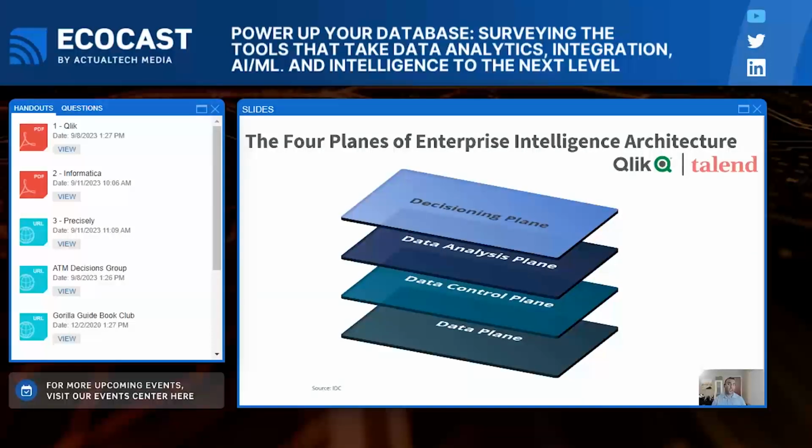Each plane is aligned with the personas who must collaborate to achieve common goals rather than only optimize for peak performance within their plane. For example, DBAs and data architects operate in the data plane, data engineers and data stewards in the data control plane, data scientists and data analysts in the data analysis plane, and business decision makers and even automated decision systems in the decision plane.